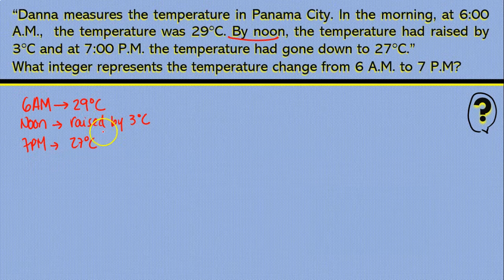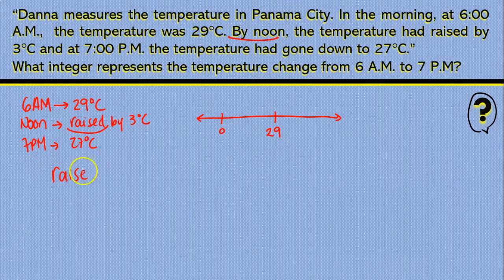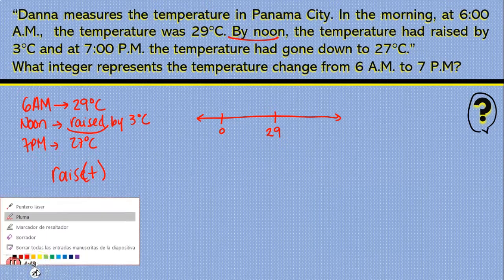Okay, so the first thing we can see is that the initial temperature was 29 degrees Celsius. And when the problem says that it had raised by 3 degrees Celsius, it's very important that we remember that a raise in temperature is going to be associated with a positive.